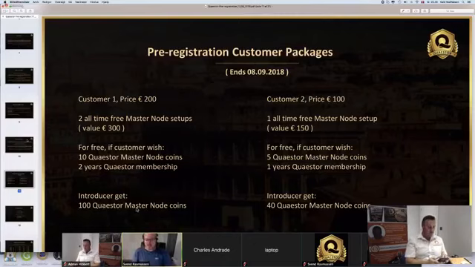Customer package 2: one-time free masternode setups, value 150 euro, and 1 year membership, value 100 euro. And then you will also get 5 Quaestor coins. And everyone you sponsor on that package, you will get 40 Quaestor coins and 20 euro. So these were the packages.